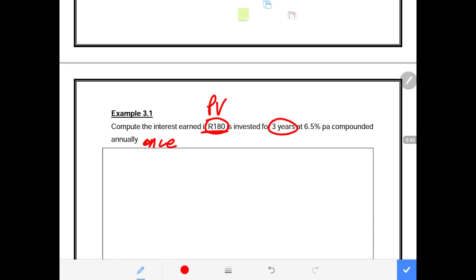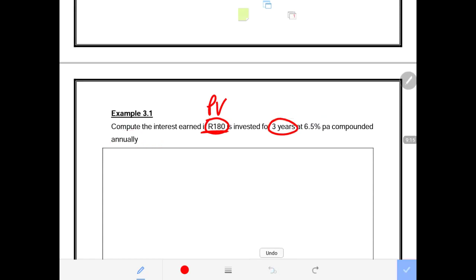That means if we have invested this amount for 3 years, we are going to earn interest 3 times, because we only accumulate interest once at the end of the year, and once at the end of the 3rd year. So now that means interest will be compounded 3 times over the period of 3 years. Why? Because our interest is compounded annually, and annually means once a year.